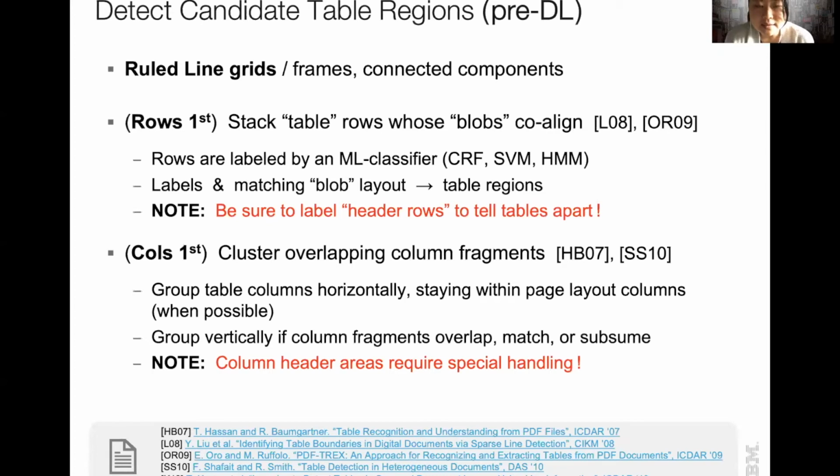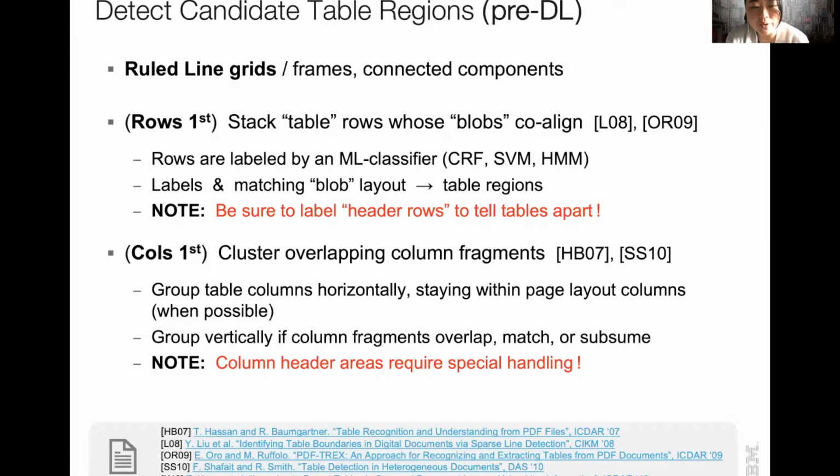To detect candidate table regions in the pre-deep learning era, one way is looking at ruling line grids or frames and their connected components. You can first look at the rows, stack the table rows where they co-align, and then a machine learning classifier can label the actual rows.